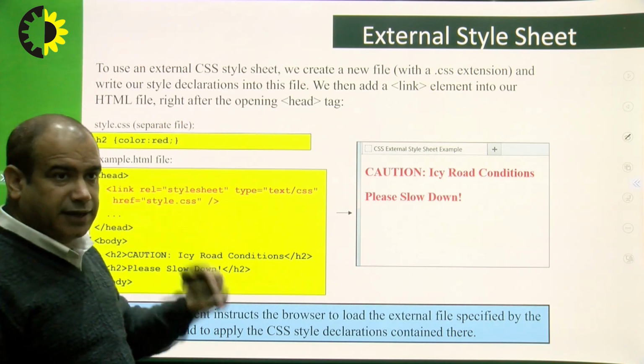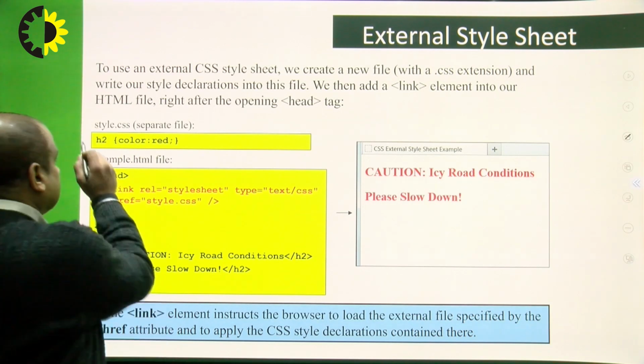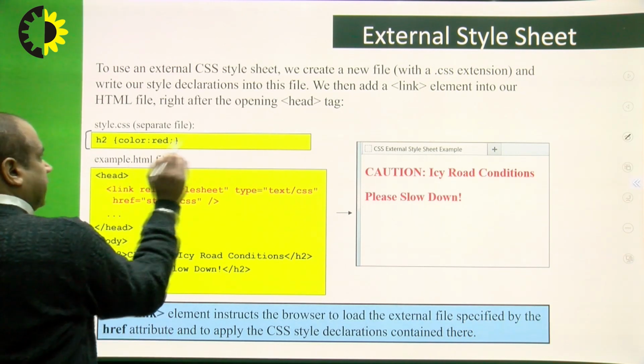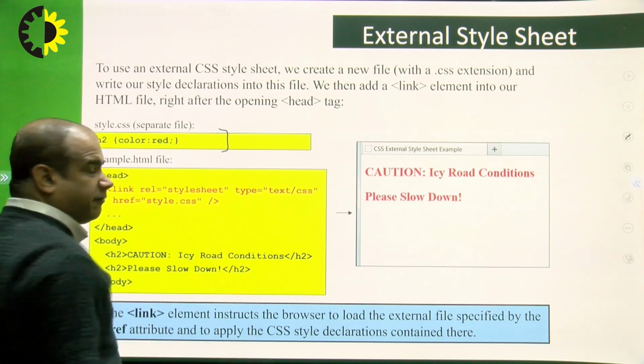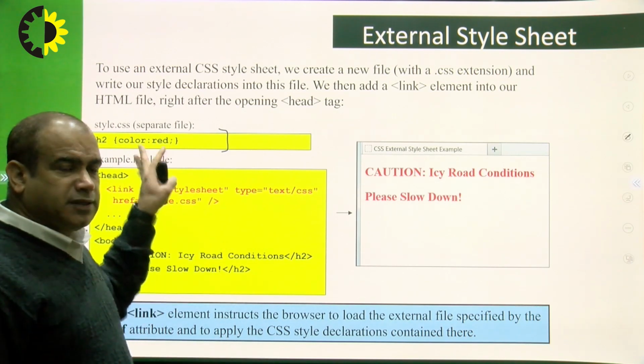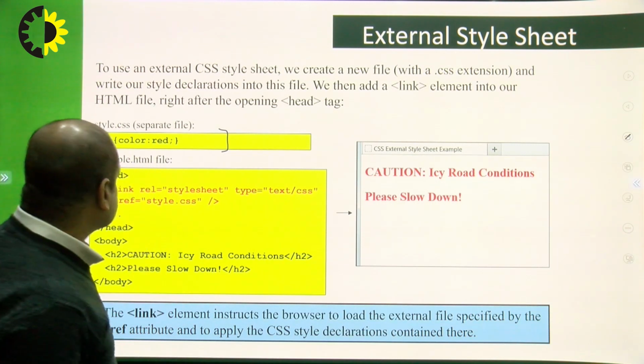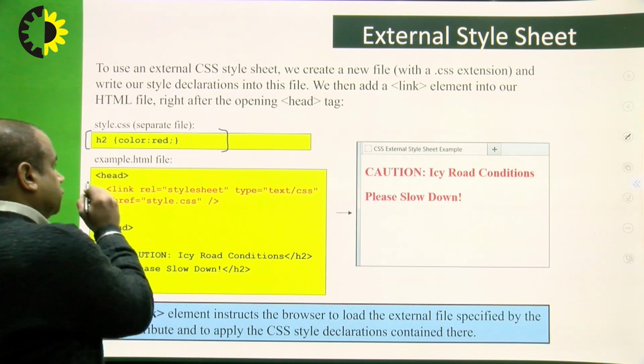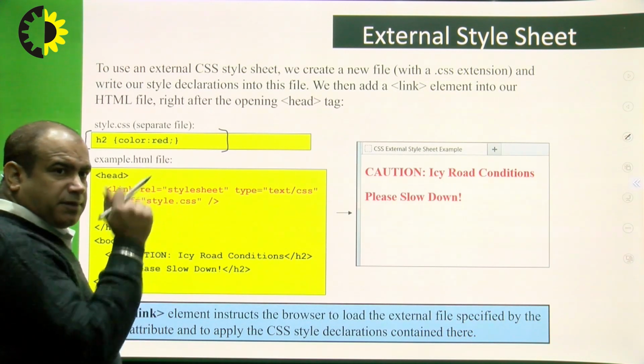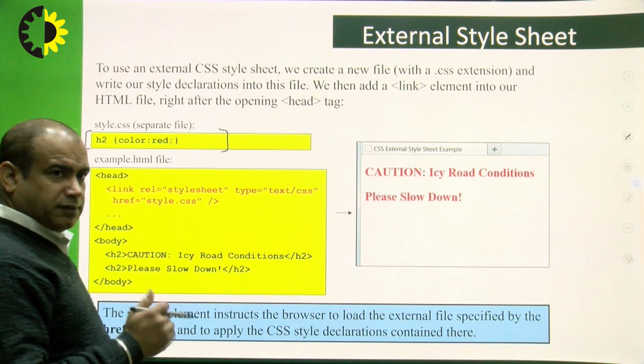That comes in the head tag. So you will see here, this code will be written in a separate file. That file name will be style.css. I name it here style.css. So we use that separate style sheet in the main HTML page.